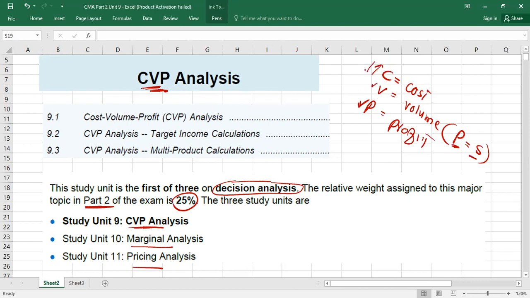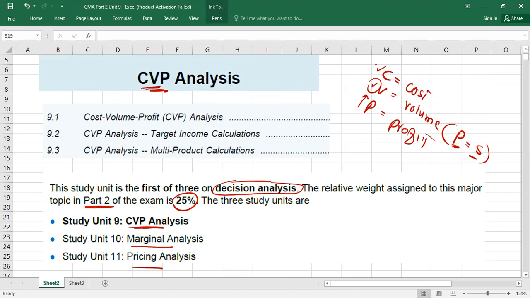Or if you decrease the cost, what will be the effect on volume and profit? Another example, if you want to increase your profit, what production volume you have to achieve and what cost you will incur. So this is what is called CVP analysis. It is the study of 3 variables. If there is a change in one variable, what will be the change in the other variables?